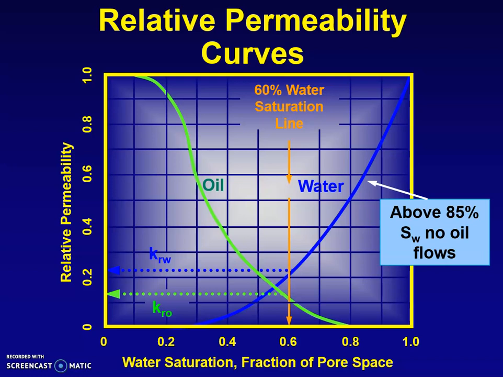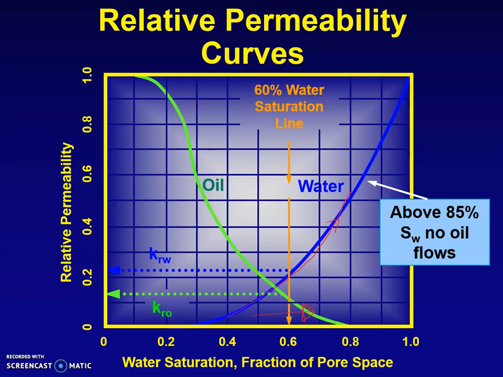Now, a couple of things that you can get from this curve. First, look at how relative permeability of water is changes as water saturation increases. Water saturation increases in this direction, right? And as you go in that direction, you see that the value of relative permeability also increases.